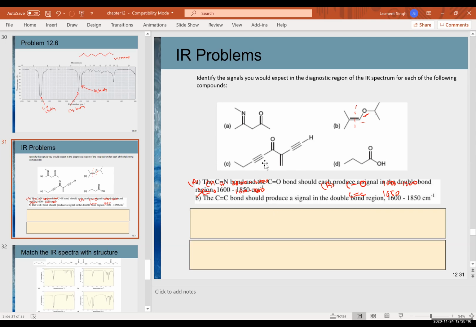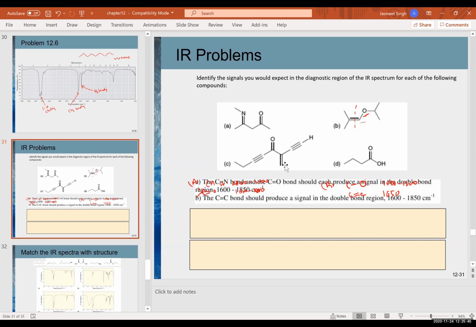How about C? Will we get the C double bond C signal, this one, the alkene? No. No.